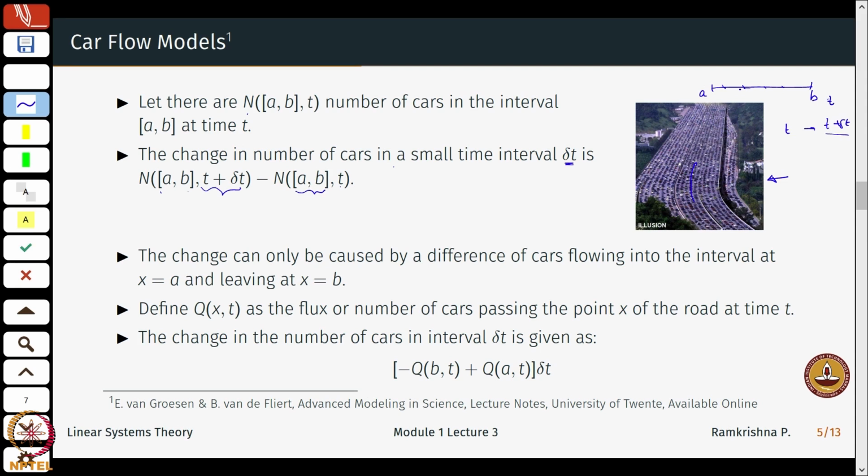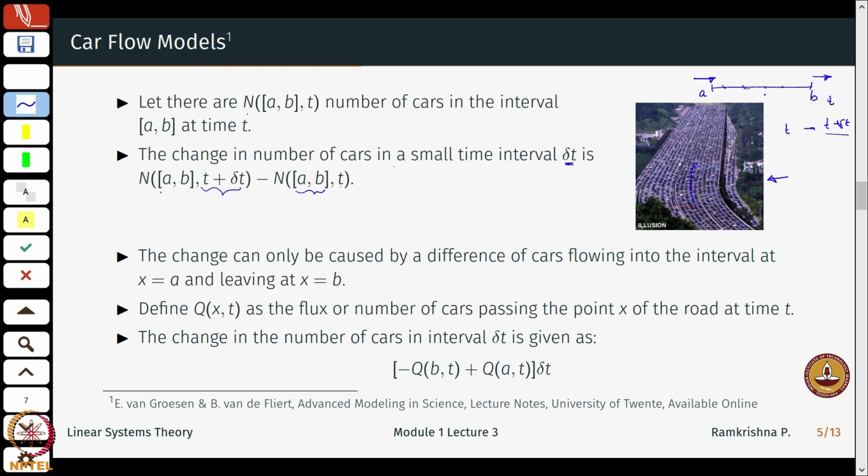On the other hand, if the traffic is moving in a very steady state, say one car enters from here and one car leaves from here, still the number of cars would be just 5, for example, in this case. So, one is entering, the other is leaving. So, the change from t to t plus delta t will again be 0.